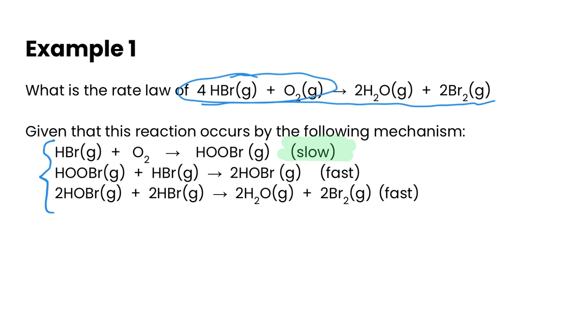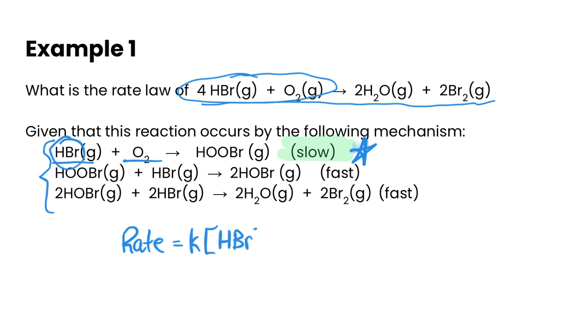So knowing that, our rate law is going to be dependent on our slow step, our rate determining step. So we can take the molecularity of our reaction. Okay, so our rate is going to be dependent on the concentration of HBr.